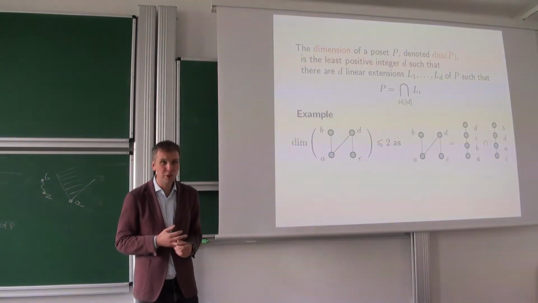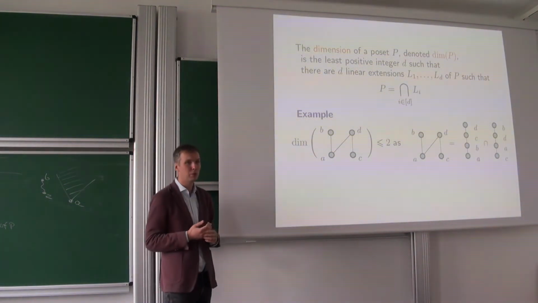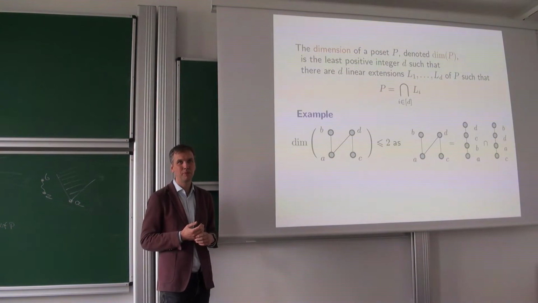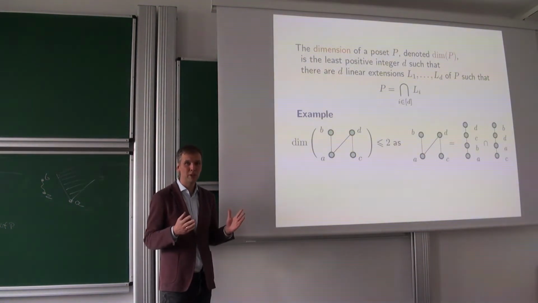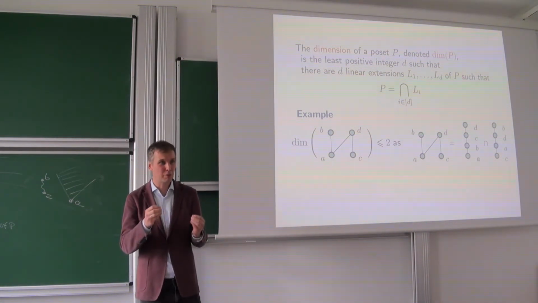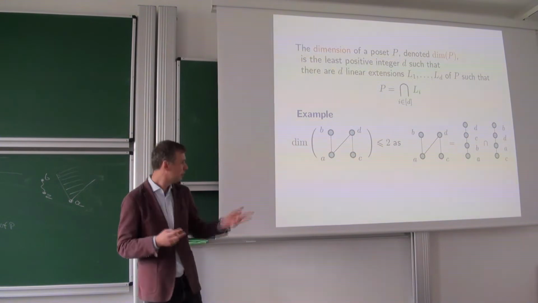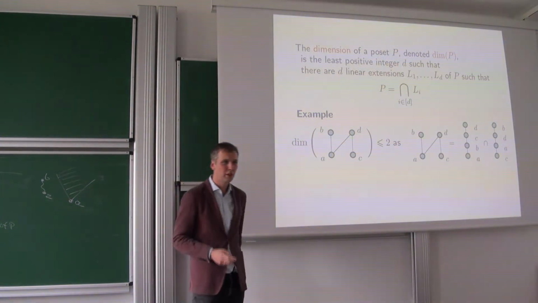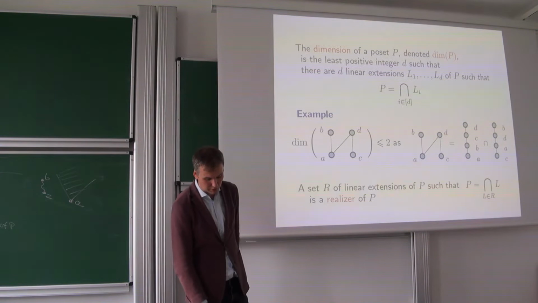So it's at most 2, and actually it's exactly 2, because what are posets of dimension 1? Linear orders, yes. As soon as you have an incomparable pair, you must have 2. So we actually know exactly the dimension of this poset.